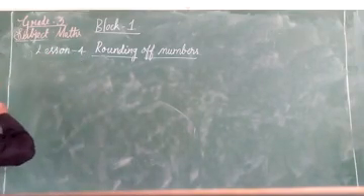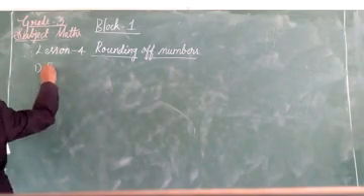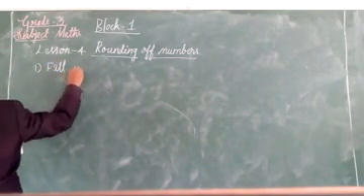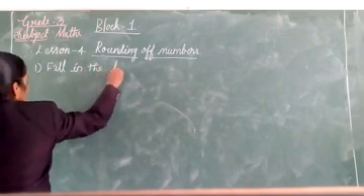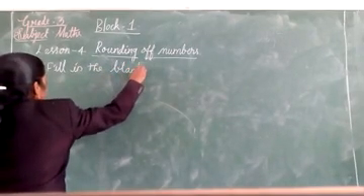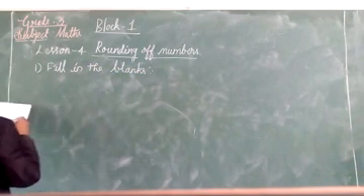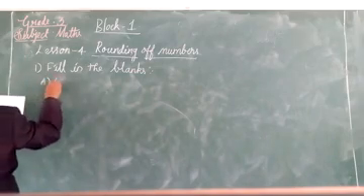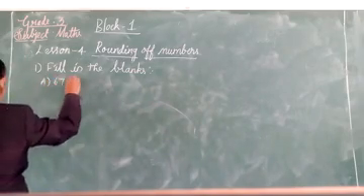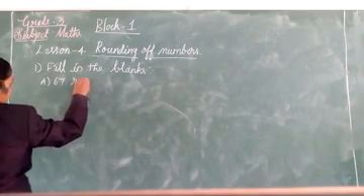The first one, fill in the blanks: 67 rounded off to the nearest 10.